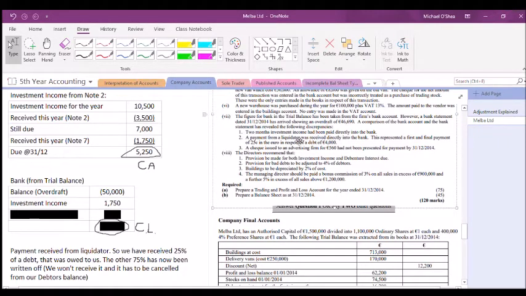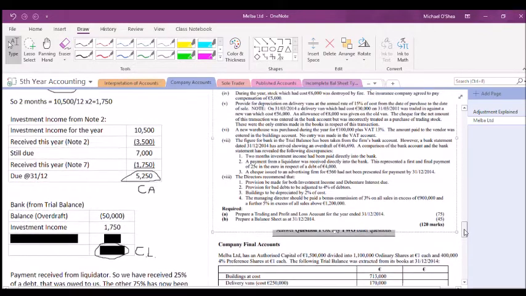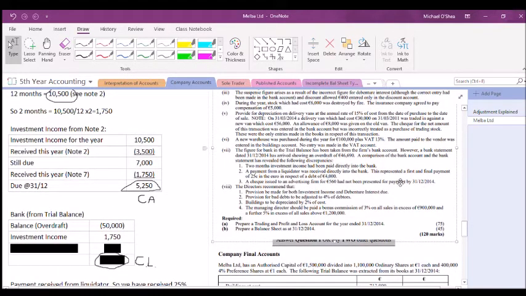A payment from a liquidator may or may not have been written off previously, but this person anyway is struggling, and they're paying us, and it's a first and final payment in respect of a debt of 4,000. They owe us 4,000, and they've made a payment to us of 25 cents in the euro.